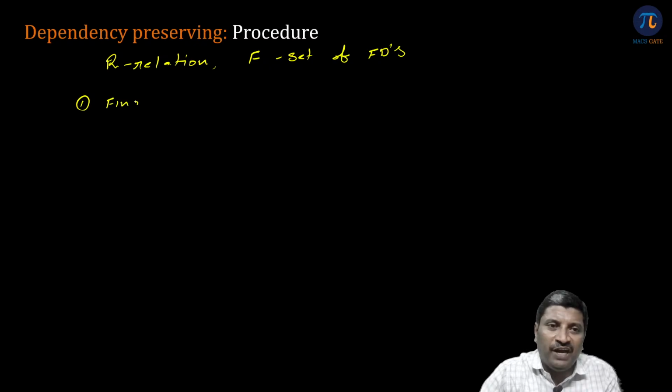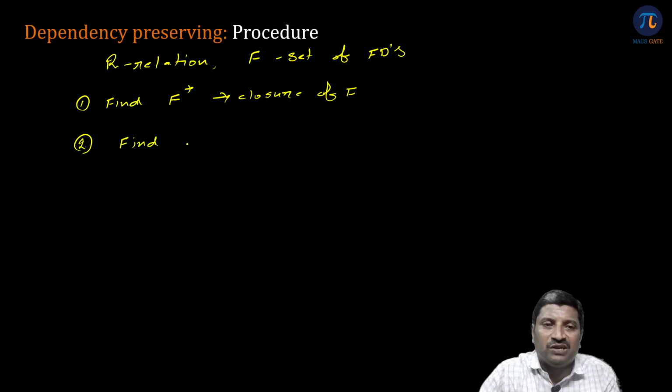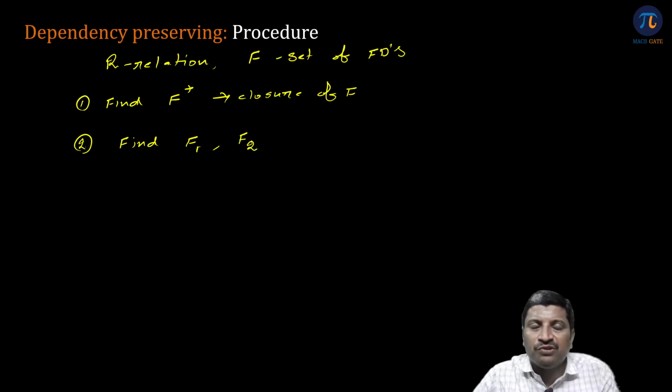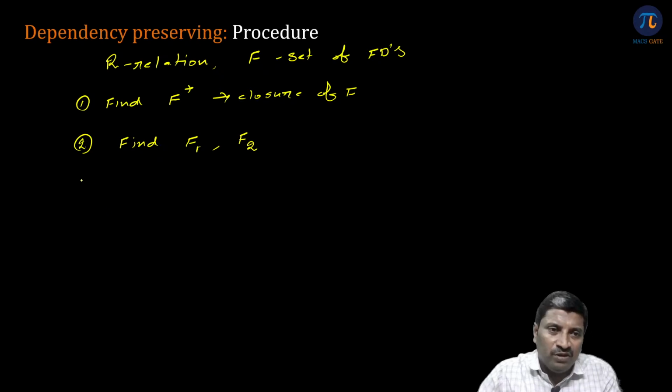We need to find F closure, F plus. The second step, I need to separate the FDs of F plus into two parts, F1 and F2. What is the third step, sir? Find F1 union F2.